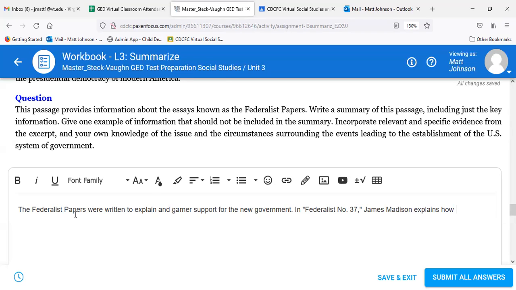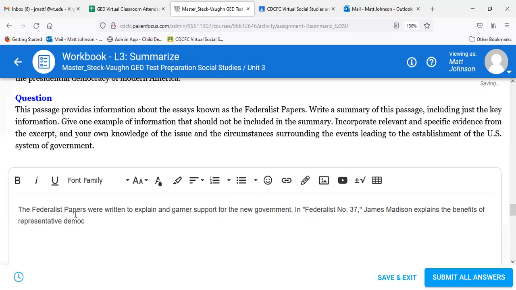Let's say he explains the benefit of representative democracy. Okay, James Madison explains the benefits of representative democracy.